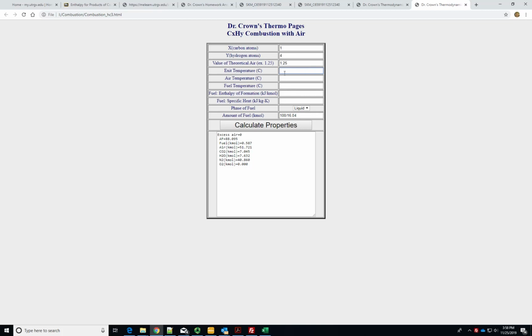We do need a temperature, which is unknown. So right now, if I run this, it'll give me a balanced equation. If I put in an exit temperature, let's say 1500 degrees, it also needs enthalpy of formation, and enthalpy of formation for methane is negative 74,850.